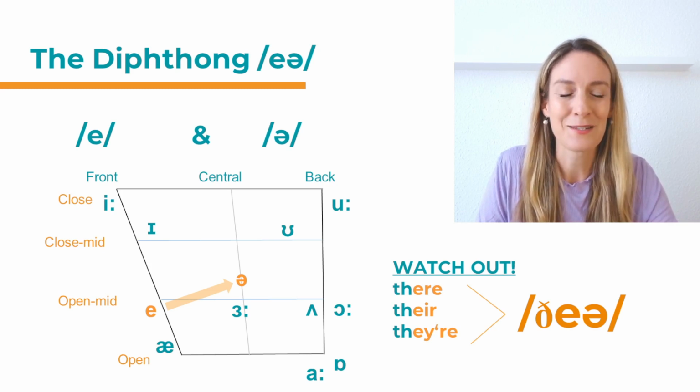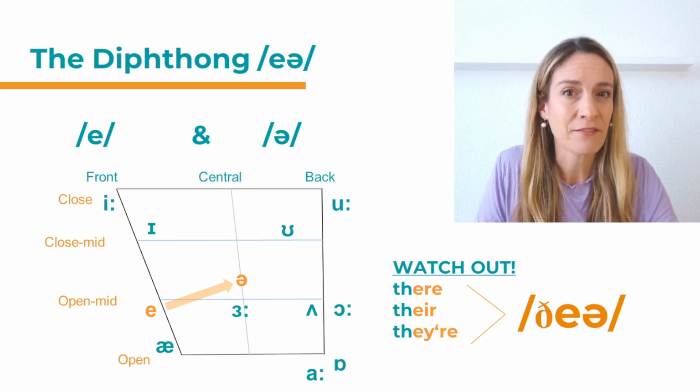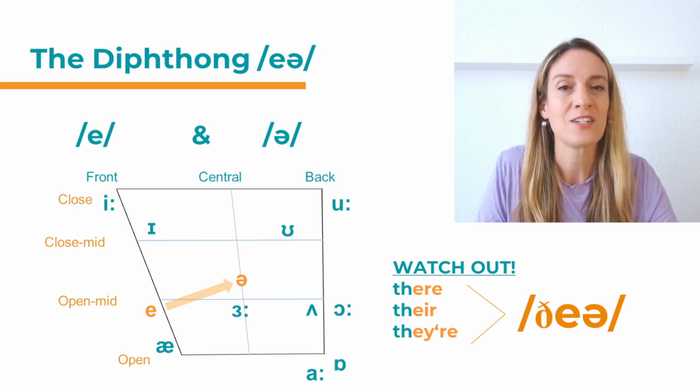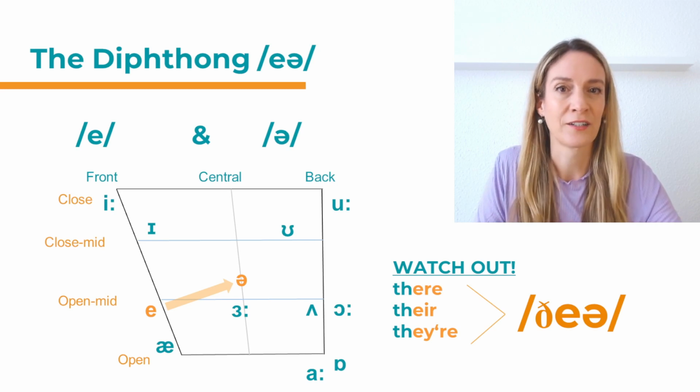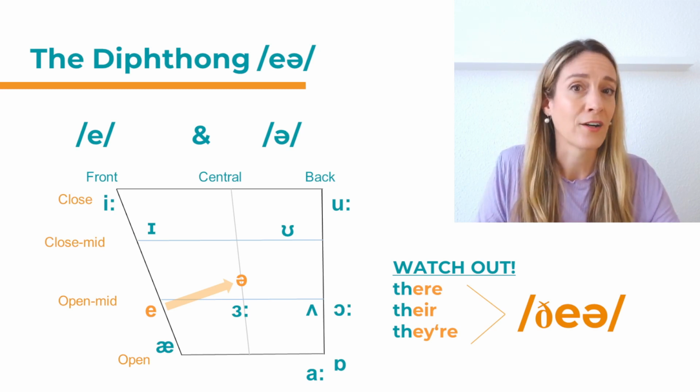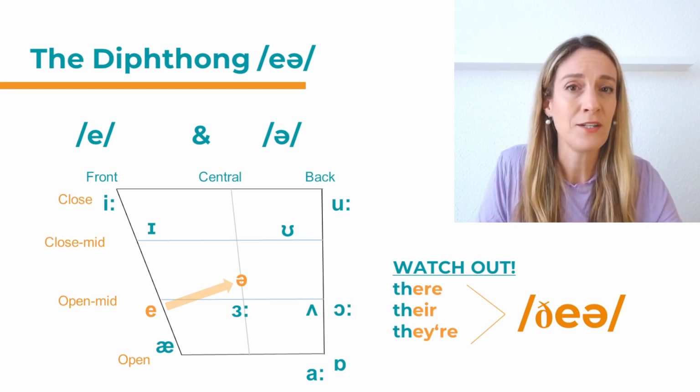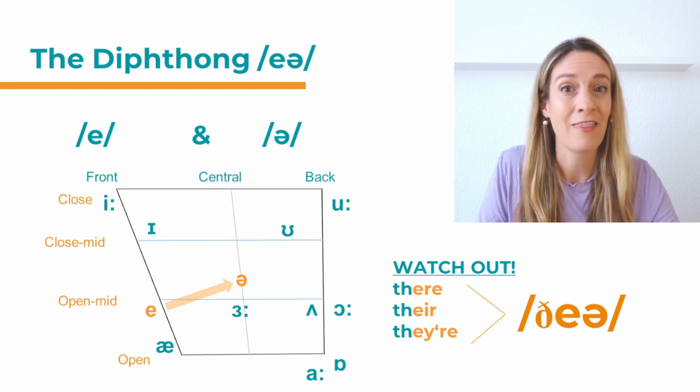So hopefully this will be something new to you that you can learn. So we have there, and it can be spelled in three different ways. The first one, T-H-E-R-E, there is, for example, over there, or there are many lovely beaches in Barcelona where I live.